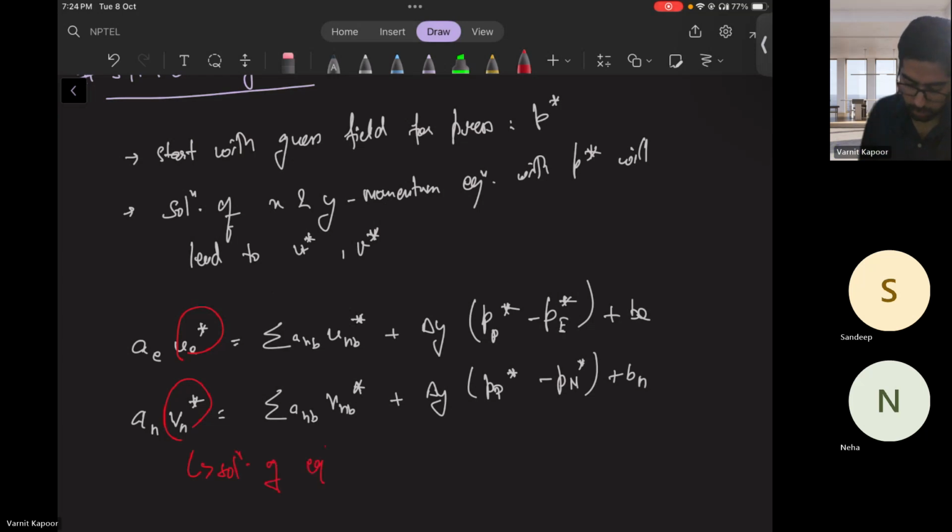Solution of equations. Now, UE star and VN star are solutions of the equations with P star, which is only a guess, so they do not satisfy continuity. You're getting the velocities out of the guessed pressures, but they will not satisfy the continuity equation.